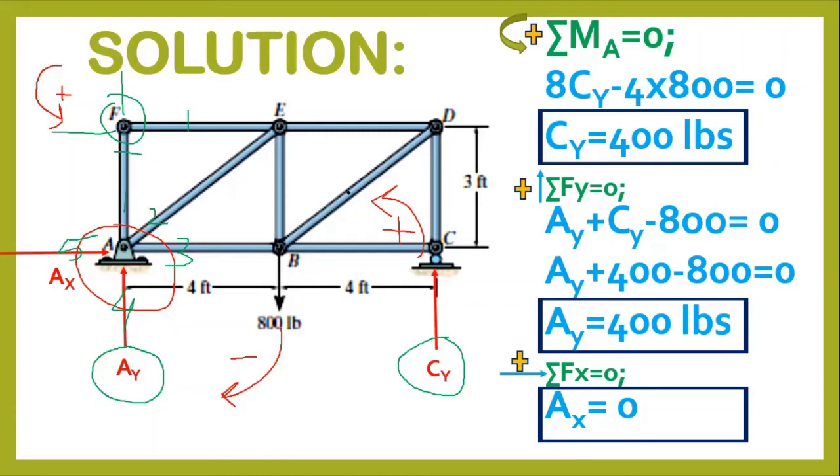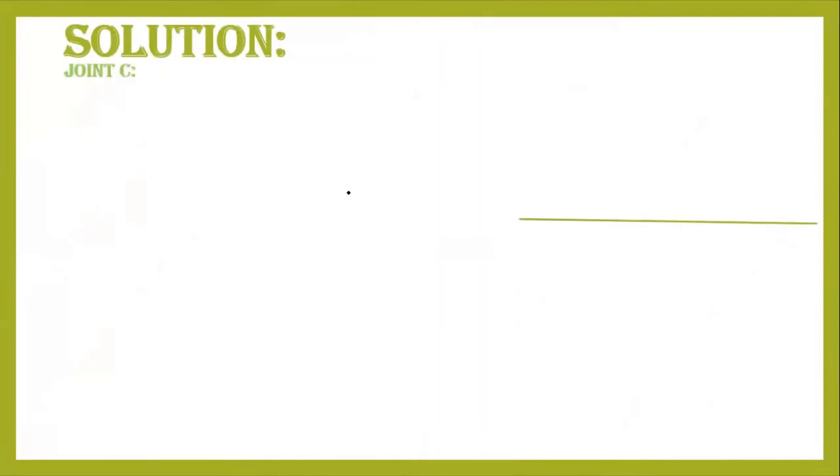So I think it is easier for me to calculate member forces starting from joint C. So first I am taking joint C. How can I take joint C? Let me tell you. I am going to draw the free body diagram at joint C. These are the axes, positive x-axis, negative x-axis, and positive y-axis as well. In the middle you can see that it is joint C, and it is 0, 0.